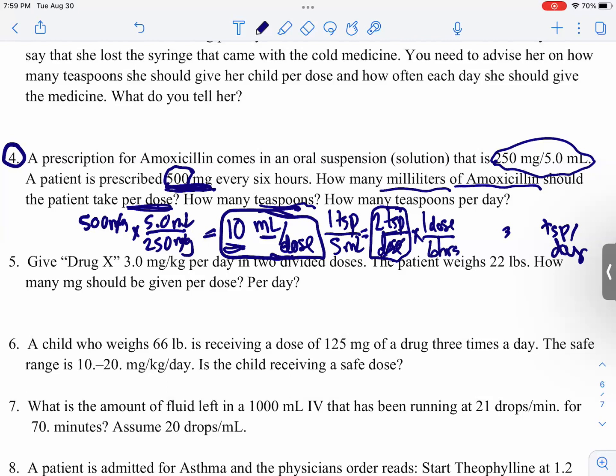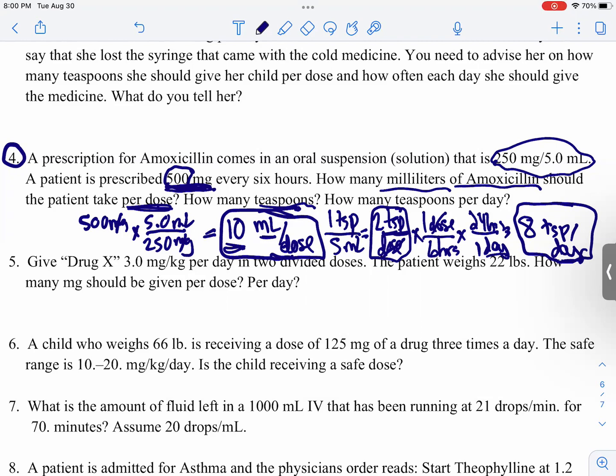You don't want dose in your answer, you want teaspoons per day, and you got teaspoons right here. So 1 dose is going to be given every 6 hours. Now you're going to want to cancel out hours. You want days. So 24 hours in 1 day, and you've got the correct units that you want in your answer. So you multiply it out and you use the correct number of significant figures. That's going to be 8 teaspoons per day.